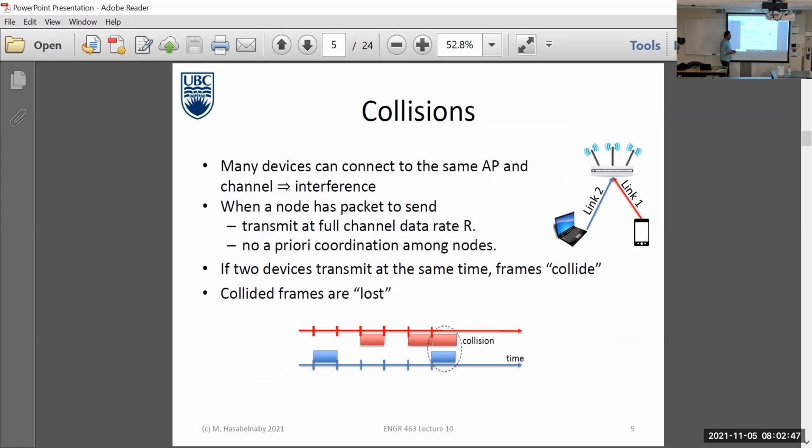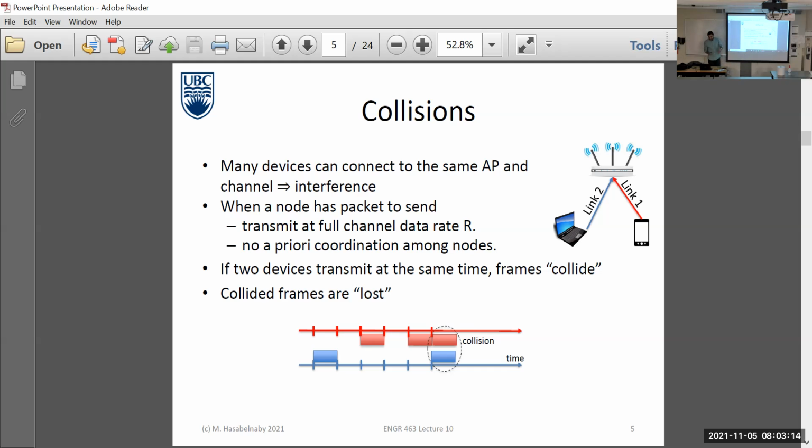Okay, so in random access, in order to provide flexibility to the network, many devices can share the same channel and transmit on the same channel. But if two devices transmit at the same time, we will have collision. So at first, we have Daniel 1 and Daniel 2.